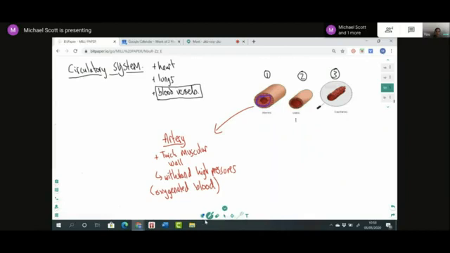If we look at the second blood vessel right here, you can see that we have veins. Veins typically carry blood to the heart. So they take blood to the heart. And if you look at the structure of a vein, you'll notice that a vein has a much thinner muscular wall.